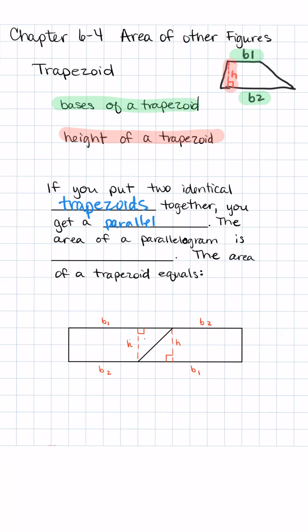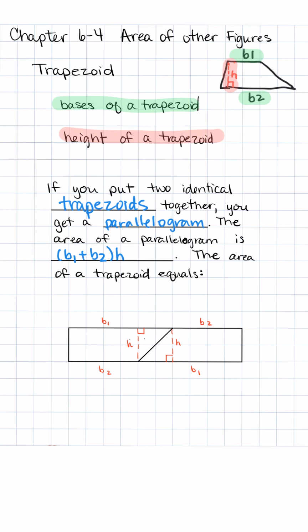The area of a parallelogram is B1 plus B2 times the height.